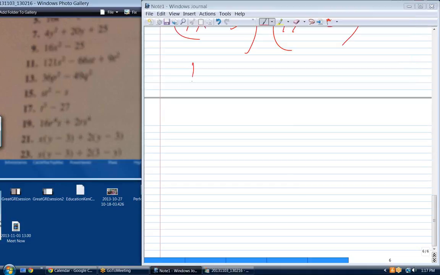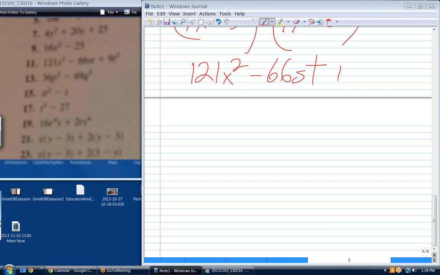11 looks to me like 121x squared minus 66. What's that, those two variables? Oh wait, the middle variable is negative 66 st. And then plus 9t squared. Okay. Yeah, we looked at a problem like this yesterday.